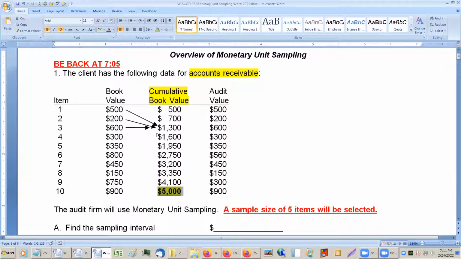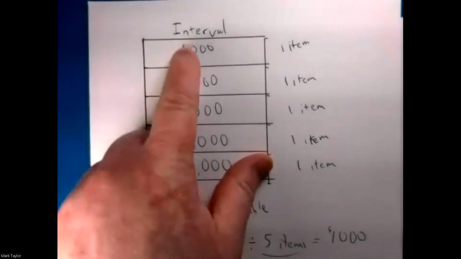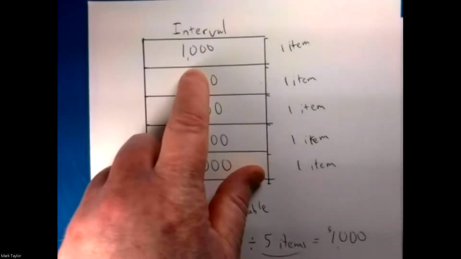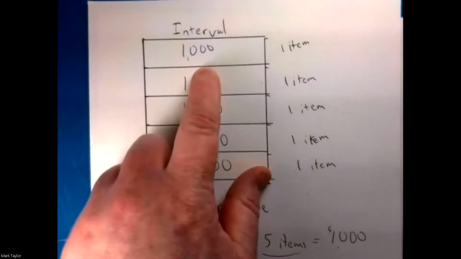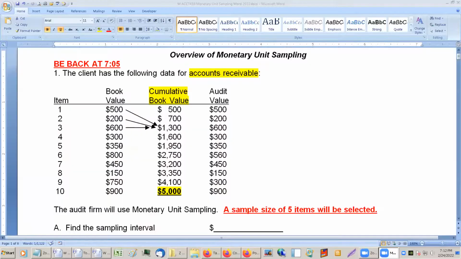Now, we are going to pick the thing that crosses this interval. So if you look at that cumulative total, whichever one crosses the $1,000 interval, that's the item we're going to pick. So which item crosses the $1,000 interval? Number 3.